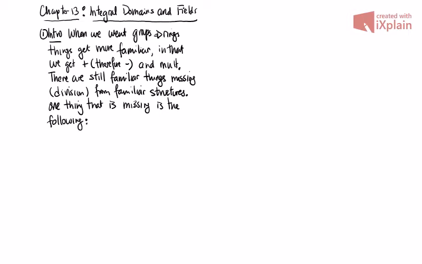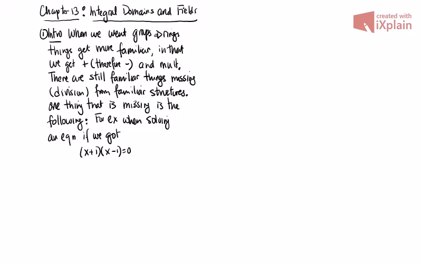So I'll give you an example. So when you're solving an equation, say in the real numbers, suppose you got the following. Something like x plus 1, x minus 1 equals 0.